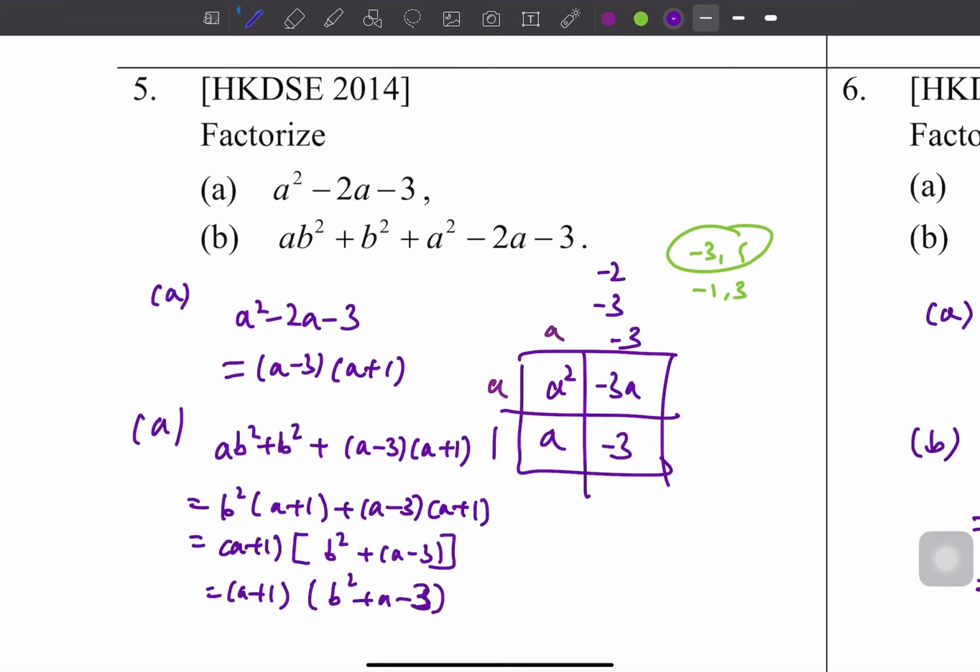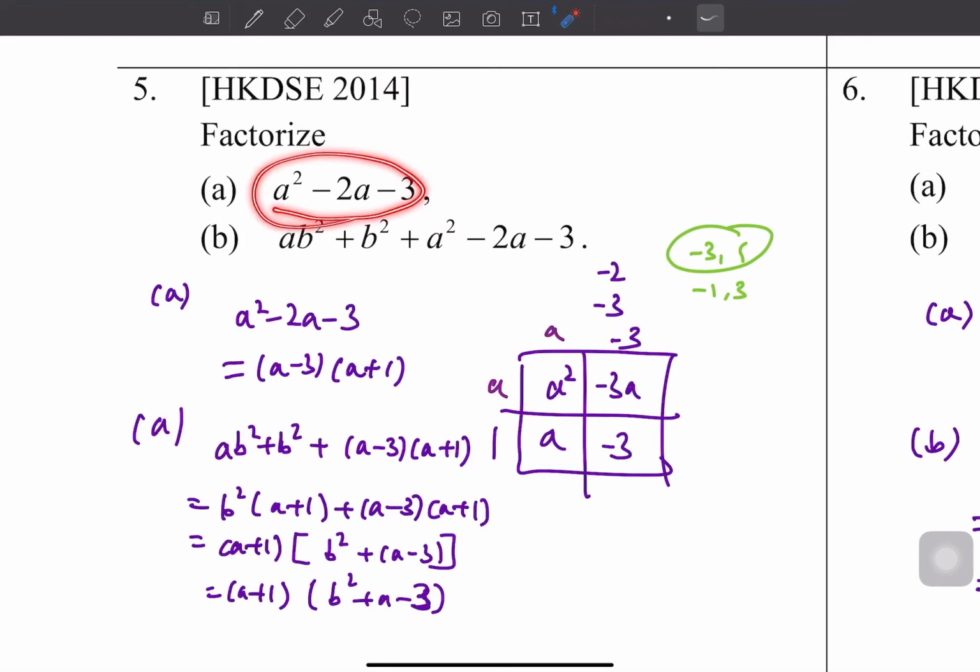So remember, when you want to do factorizations, step 1 must be taking out the common factor. If you cannot find any common factor, try to use the method of grouping. If you see there are 3 terms, that means no grouping. You cannot use factorization by grouping. Then think about identity or box method.